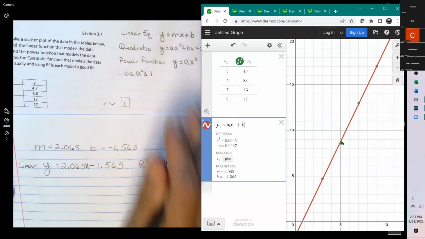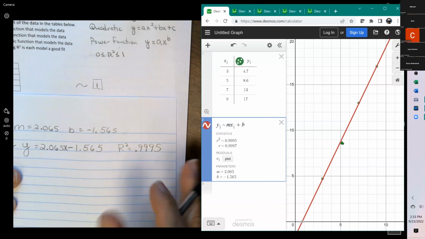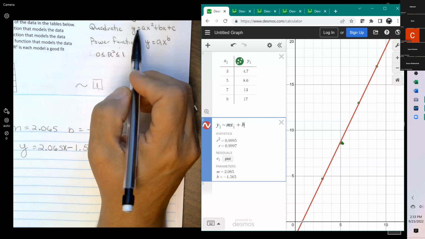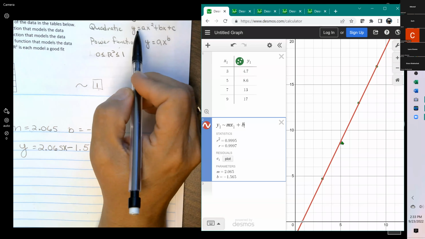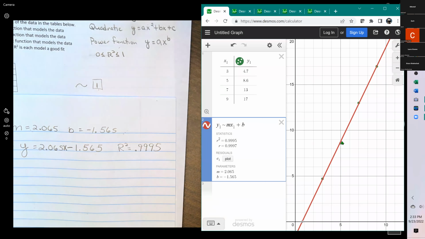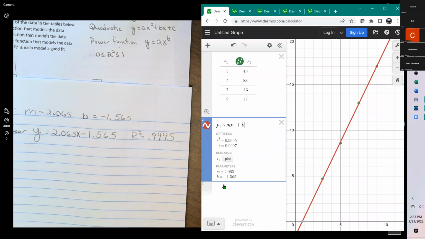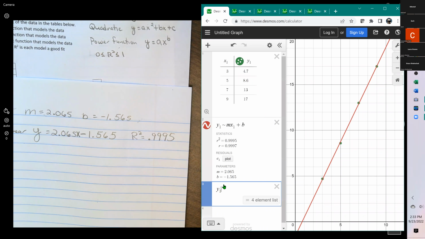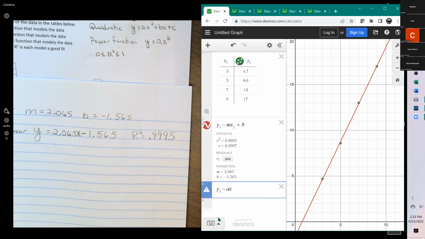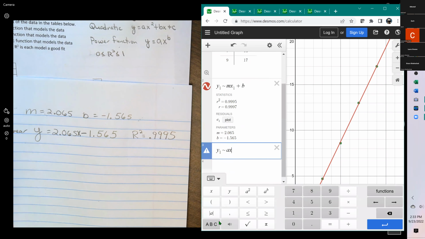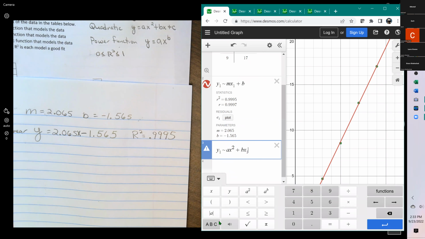Okay, go ahead and try the quadratic. So when you enter the quadratic, it's y equals ax squared plus bx plus c. Wherever there's a y and an x, you'll use the 1. Now you can leave this one here and start another one. y1 and the little similar line, ax squared plus bx1.